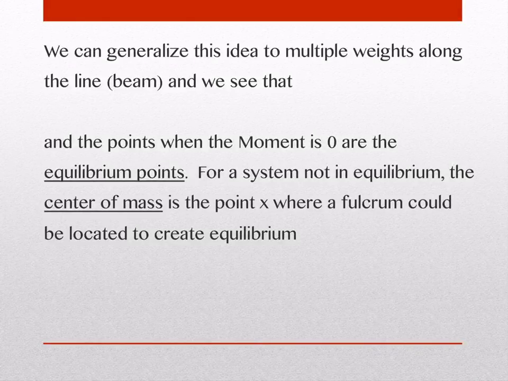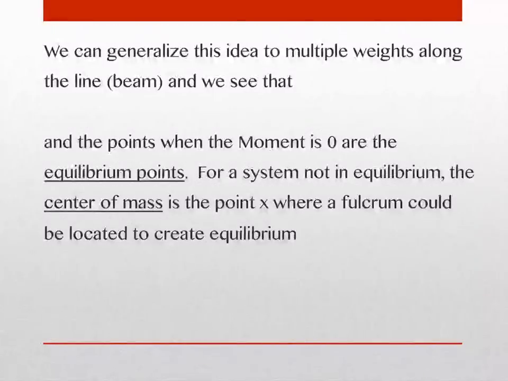So we can generalize this idea to multiple weights along the beam, and we see that, oh goodness. Let me write down what the moment would be on this one.